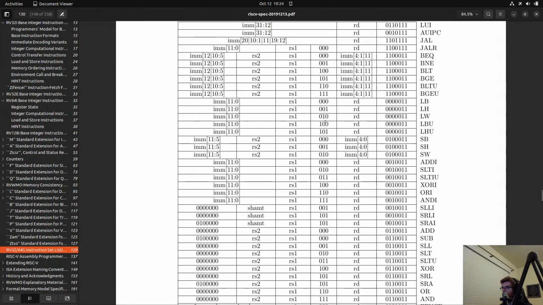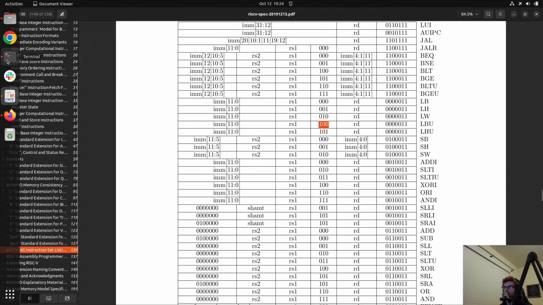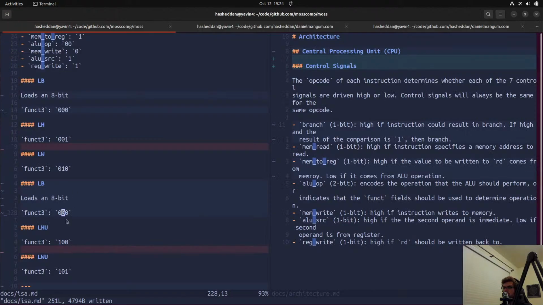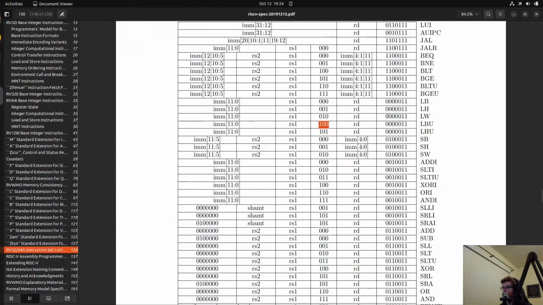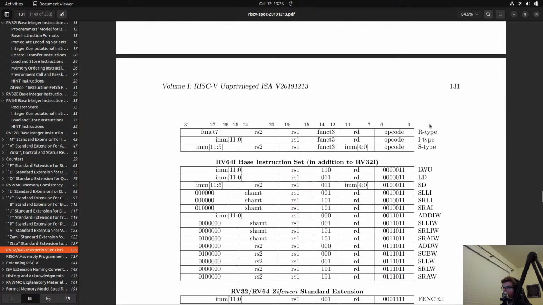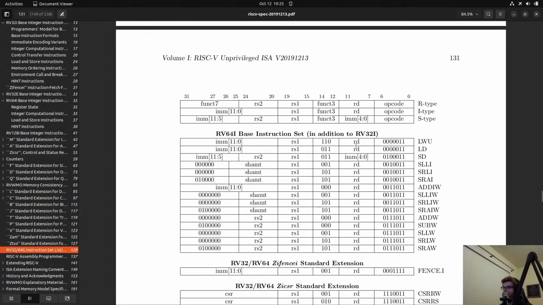Cool. Funct3 is 100. Oh, I must have been off on that. 101. There is no load word upper. Oh, here it is. Okay. Load word upper is 110.